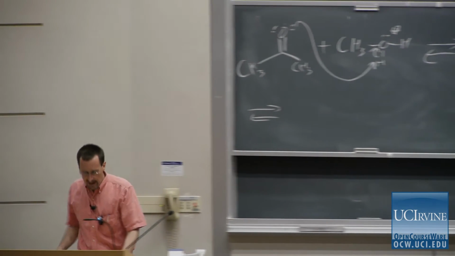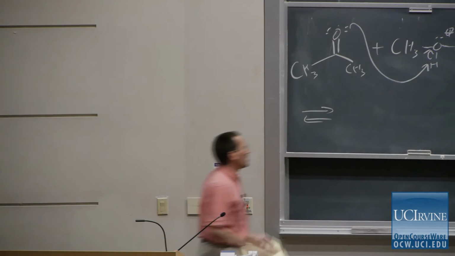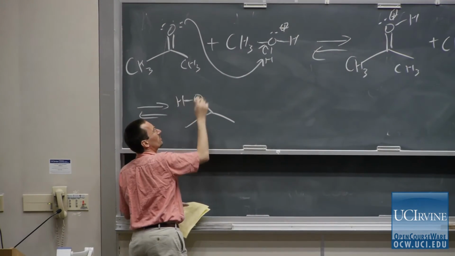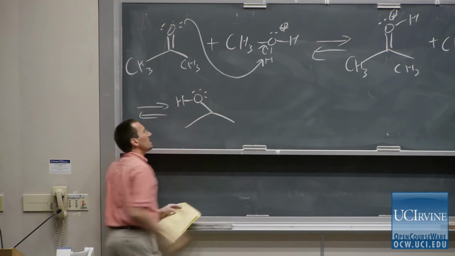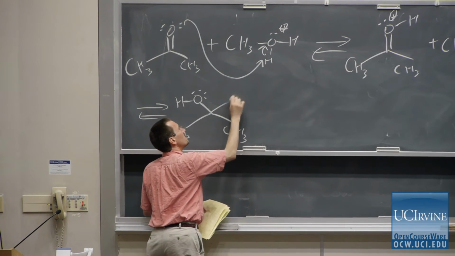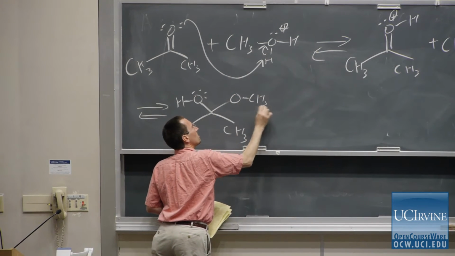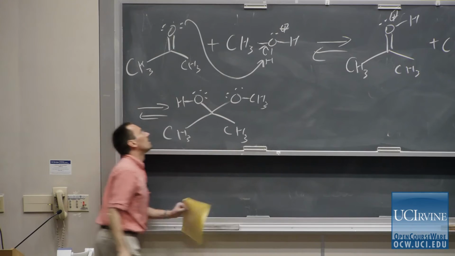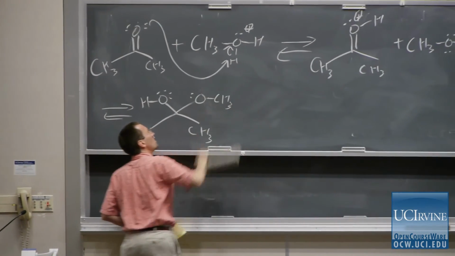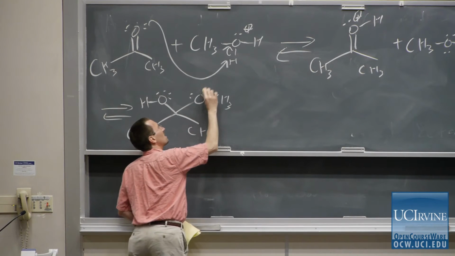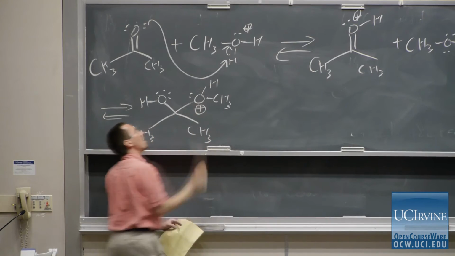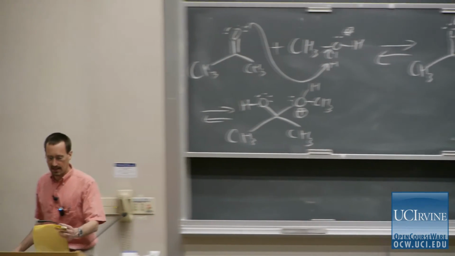In the next step, and I'll skip curved arrows because by this point you should be able to do this, our methanol attacks. And whoops, we still have a proton on it. I don't want to get that fast. So in the next step, our methanol attacks.